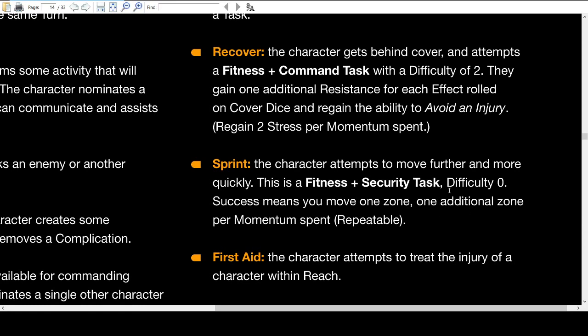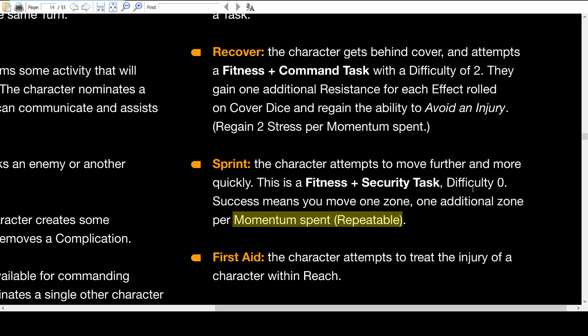And the interesting thing here is a difficulty 0 task. So you will have to recall what we read about difficulty 0, in the sense that there may actually be no die roll involved, and there are no successes being scored for a 0 difficulty task. But in this case, you would want the players to roll for the sprint task, because the point is for them to generate momentum that they can spend immediately to move beyond the normal areas.